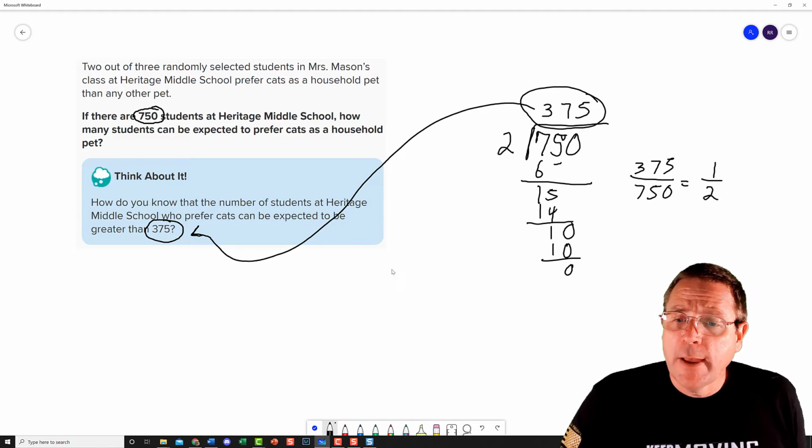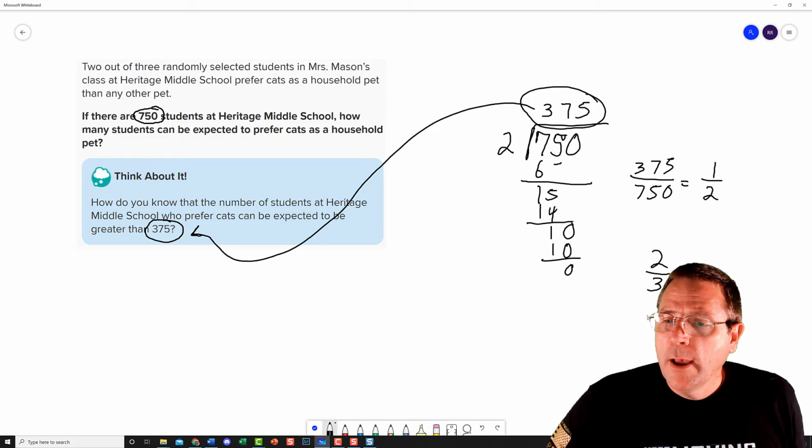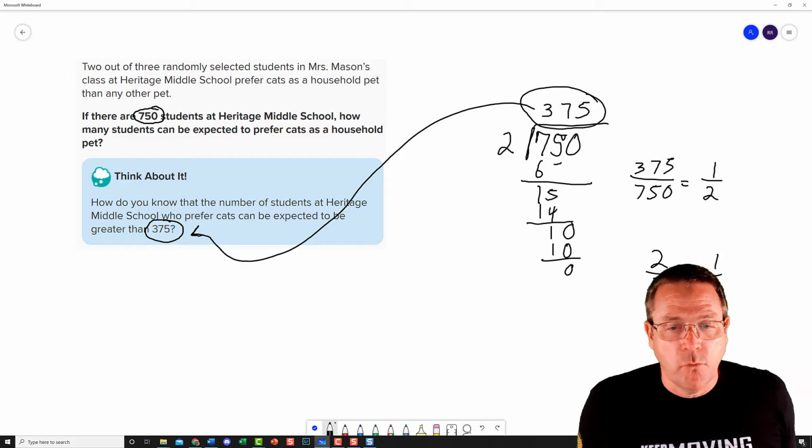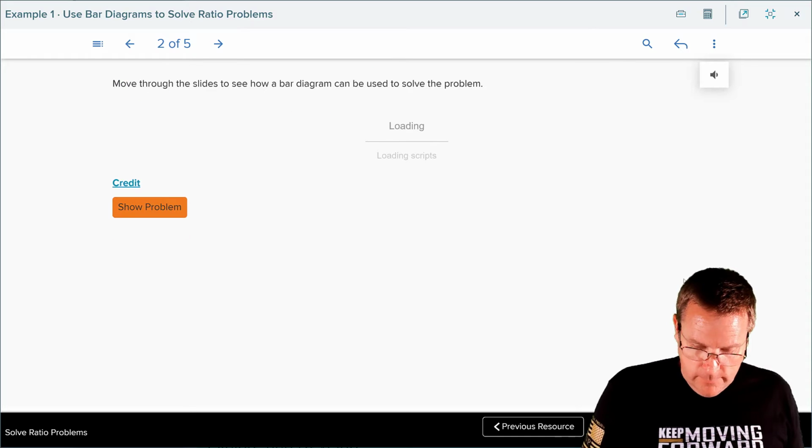The answer to that is because they are expecting 2 out of 3 to be people who prefer cats. 2 out of 3 is greater than 1/2. That is how they would expect it to be a number greater than 375.